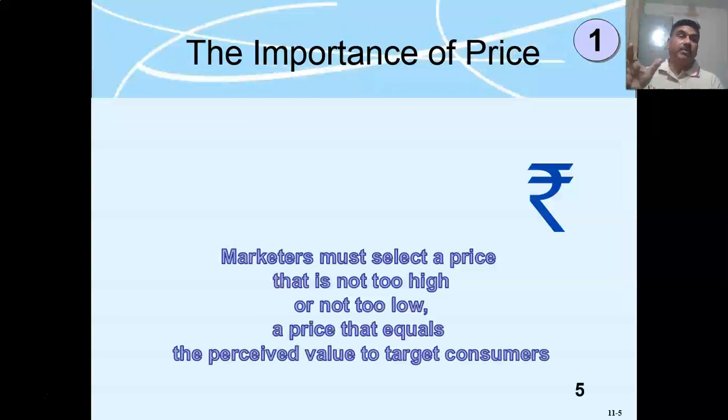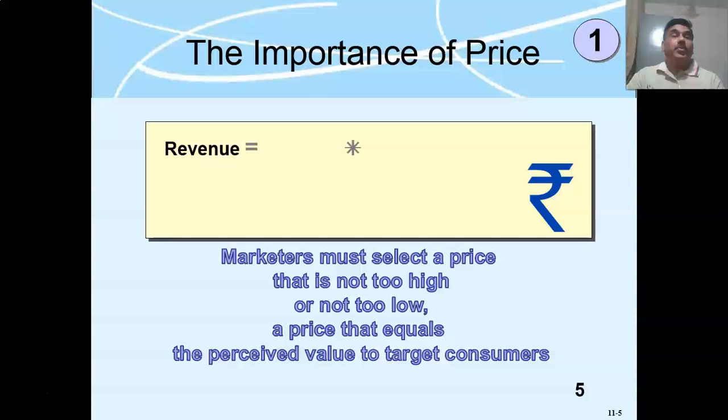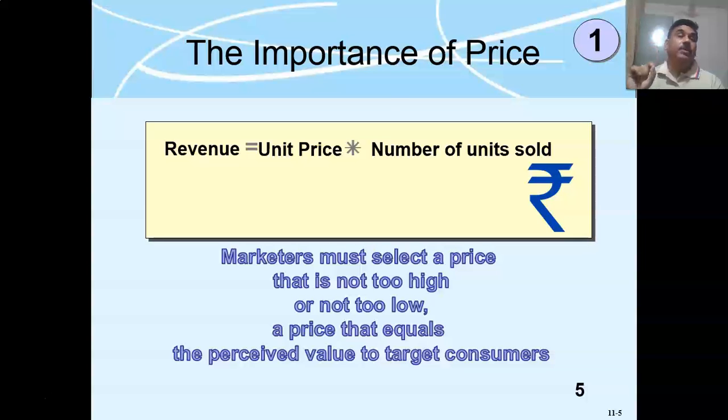Now the same thing that we have discussed is in the form of an equation on your screen. Revenue equals unit price multiplied by number of units sold, and that is the concept of revenue.